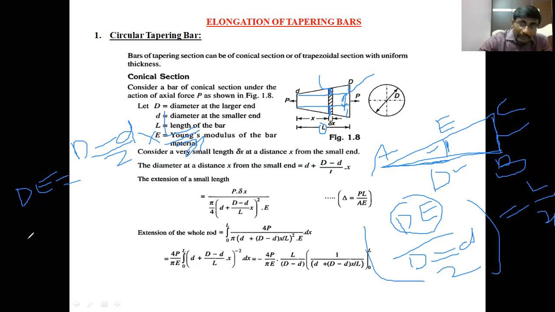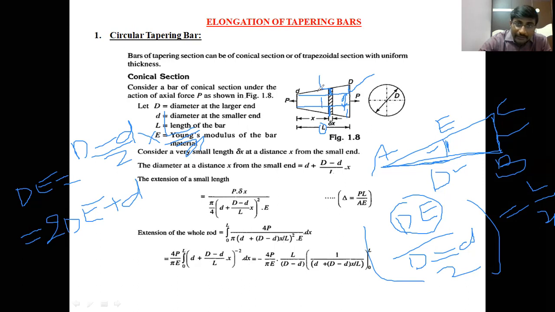So the diameter at a distance X is equal to 2DE plus small d. Why?